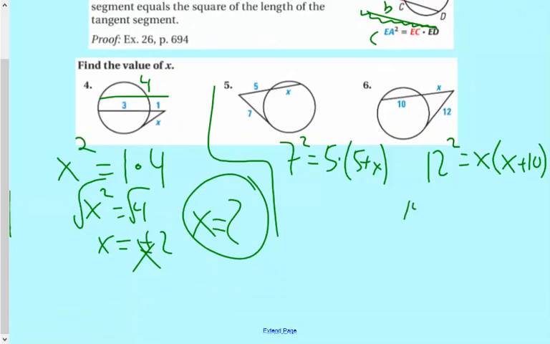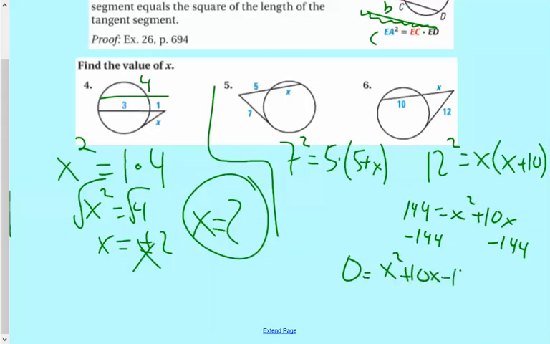So 144 equals x squared plus 10x. Subtract the 144 from both sides. And I need two numbers that are going to multiply to negative 144 but add to 10.